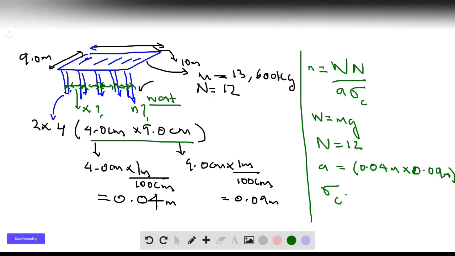And we also have the compressive force. This is the weight. Don't forget the safety factor is 12. And then A is the area of each one of the columns, if you look at the columns from the top. Then sigma C is the compressive force.